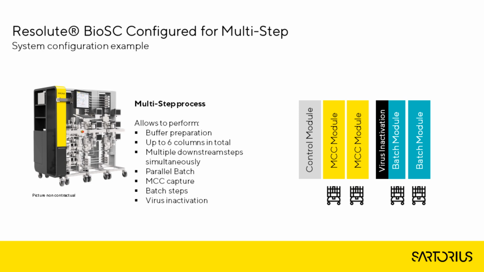And the combination of MCC and batch processing is the connected or the multi-step processing, here shown with the control module connected to 2 multi-column chromatography modules, which are featuring the capture step combined with viral inactivation, and 2 batch modules for polishing operation.